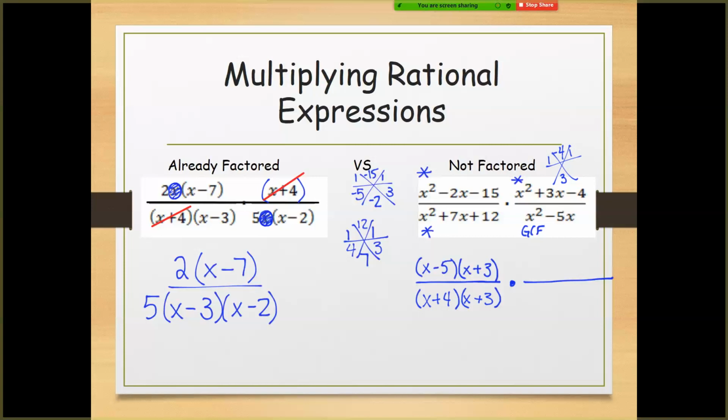So hopefully you said those two numbers are +4 and -1. So we have factors x plus 4 times x minus 1.